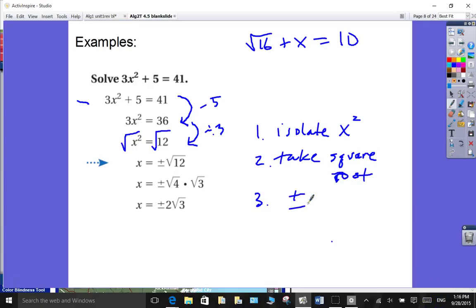Remember the plus or minus. And again, we expect when we solve a quadratic that we're going to get 2 answers. If you didn't have a plus or minus, you didn't get 2 answers.